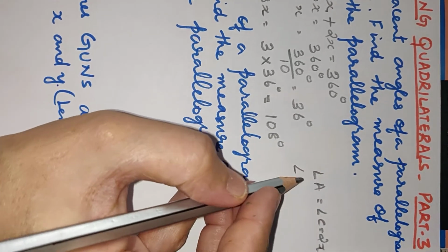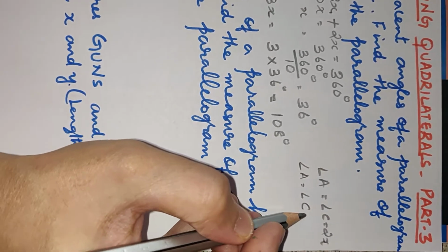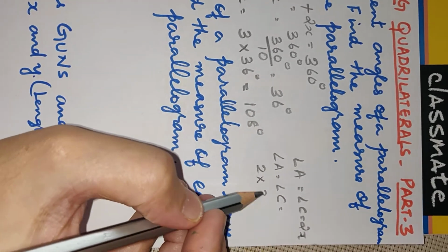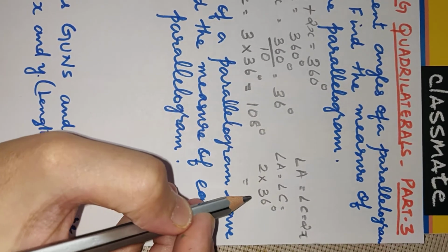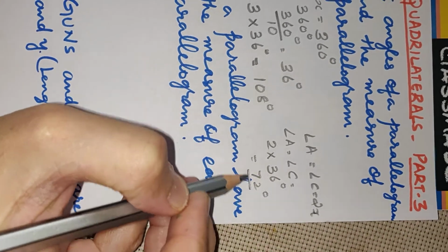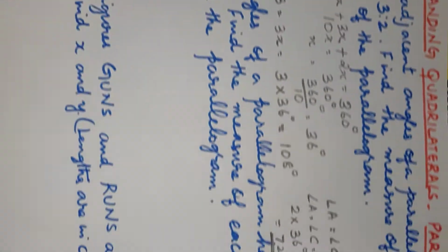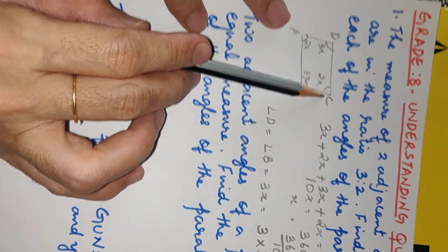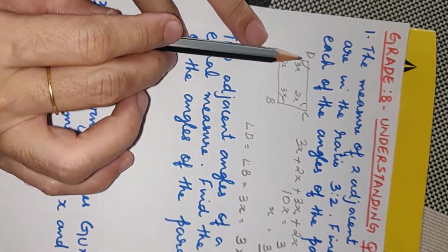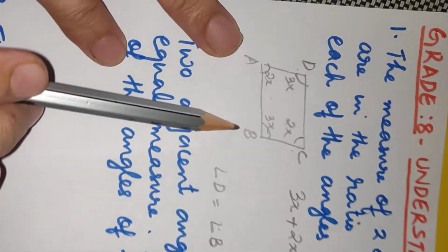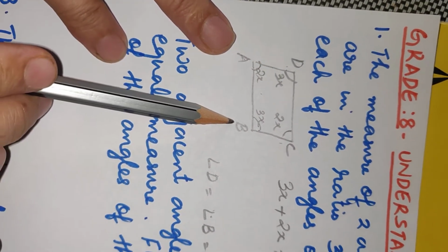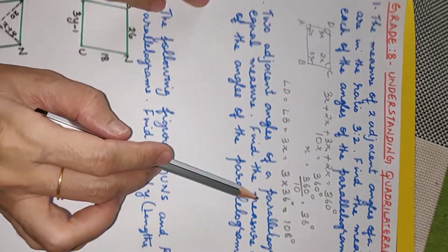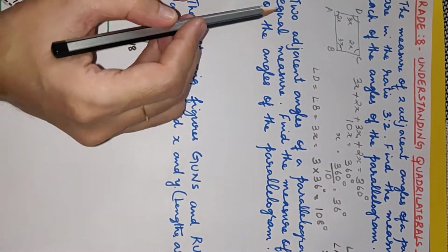So angle A is equal to angle C is equal to 2 into, what is the value of x we have got here? 36 degrees. So that is equal to 72 degrees. So we got angle A and angle C as 72 degrees each, angle D and angle B as 108 degrees each.